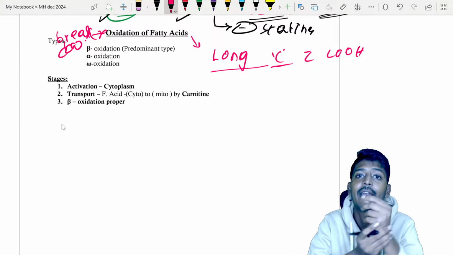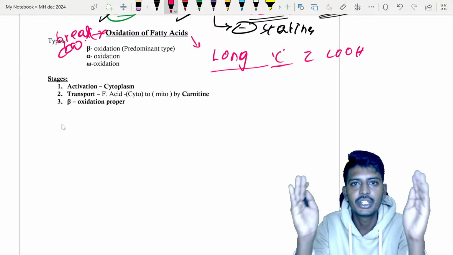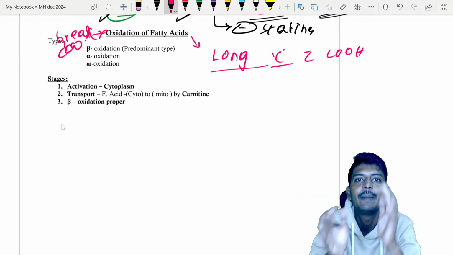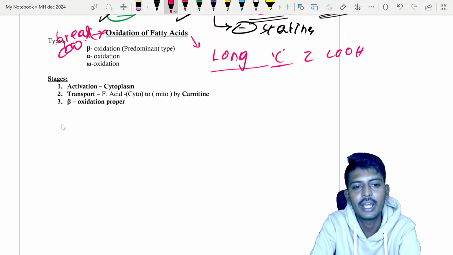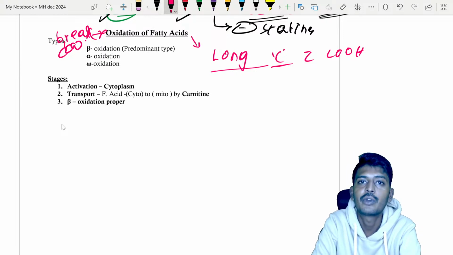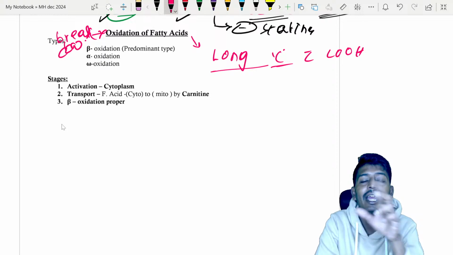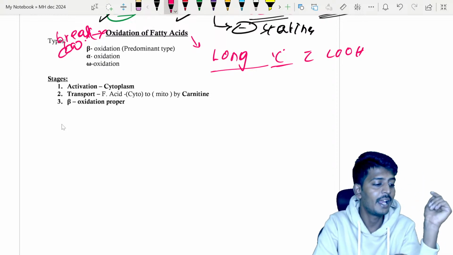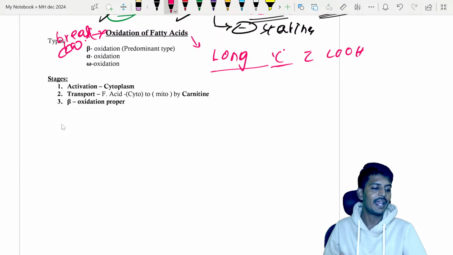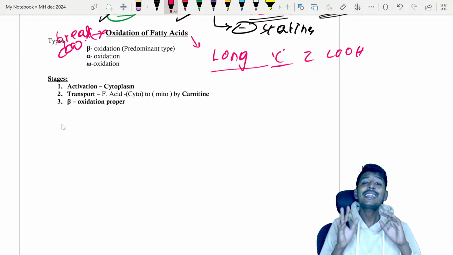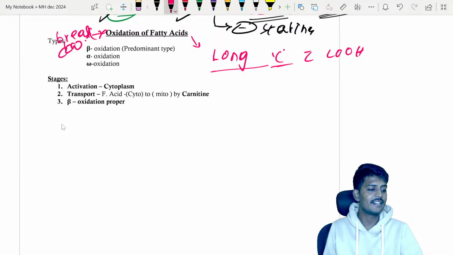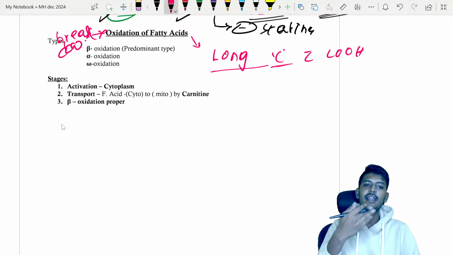This long chain will break down into small components called acetyl coenzyme A. That acetyl CoA can enter into the Krebs cycle, which helps in energy production. Acetyl CoA enters into which cycle? Krebs cycle. The Krebs cycle, my dear students, will lead to energy formation in the form of NADH and FADH.